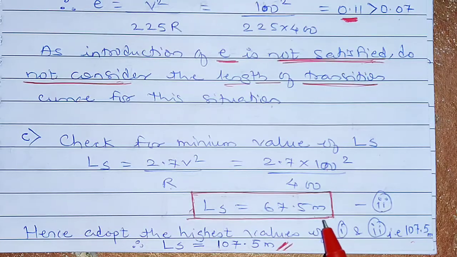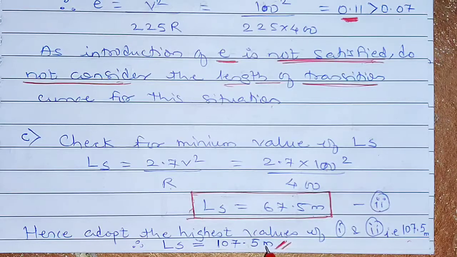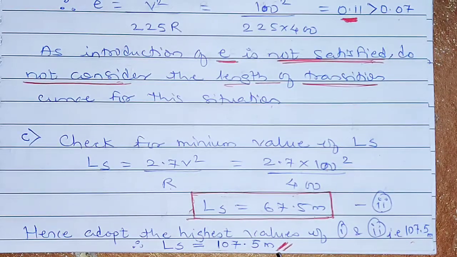Hence, comparing the two values of the length of the transition curve, first for the rate of change of the centrifugal acceleration and second for the minimum value of the transition curve, we get the greater value by the rate of change of the centrifugal acceleration. That is 107.5, as it is greater than 67.5, we will adopt the highest value, that is 107.5, and that will be the length of the transition curve.